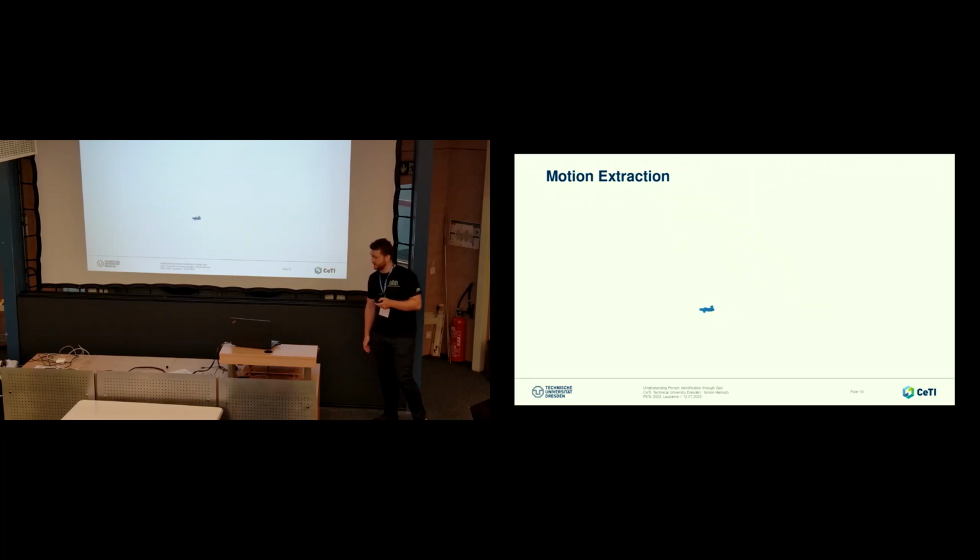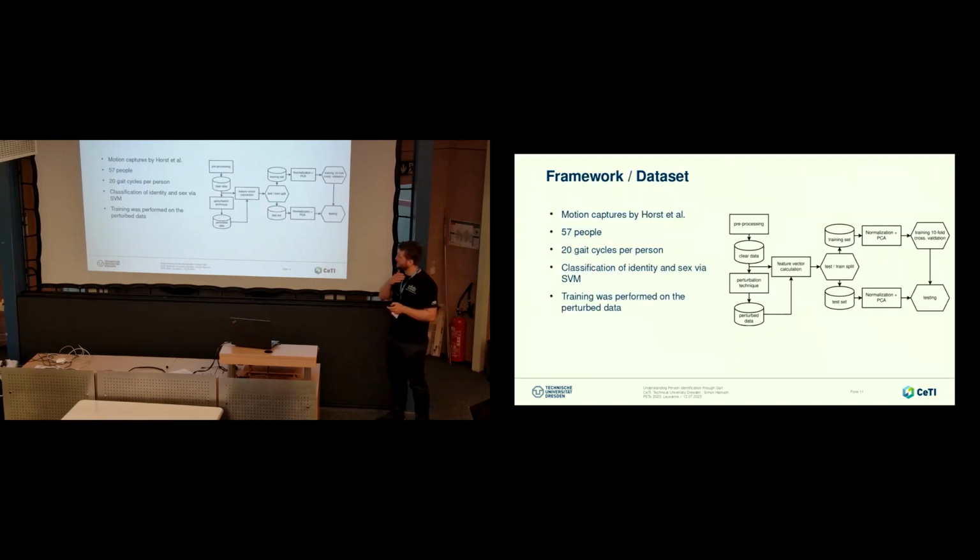Now with this data, we fed it into a machine learning system. So we actually had a data set from HostFL with 57 people. For each person, we had 20 gait cycles, and then we did a classification of identity and sex of that person via a support vector machine.